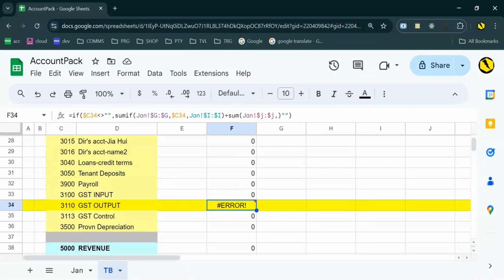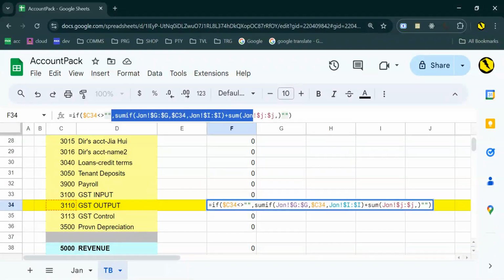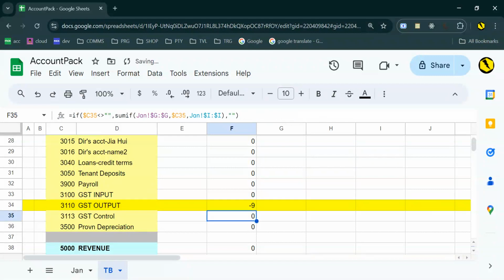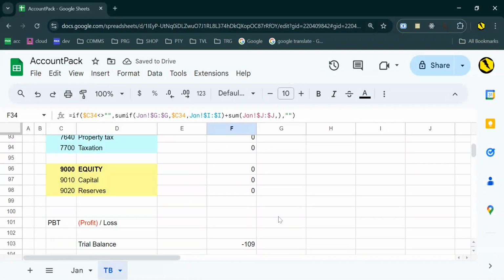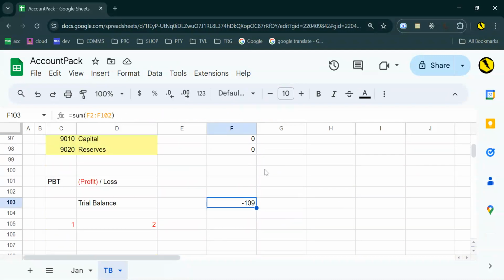J, J. Done. So now we have 109 credit, right?